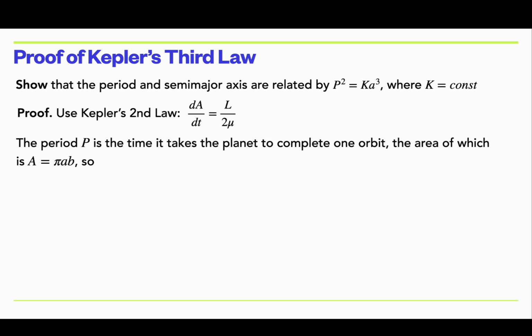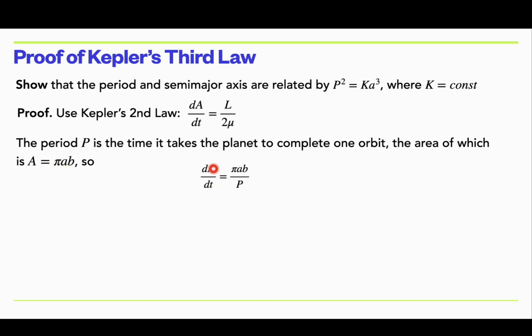Consider one complete orbit. If you imagine a planet going around an ellipse and then coming back to where it started from, the time for it to do that is, by definition, one period. The area swept out would just be the area of the ellipse. And it turns out, from geometry, that the area of an ellipse is pi times the semi-major axis times the semi-minor axis, pi a b.